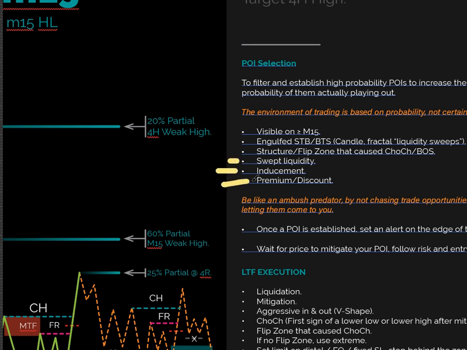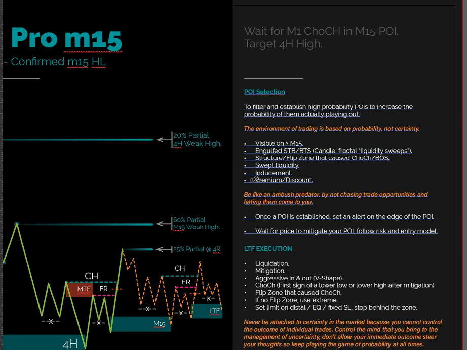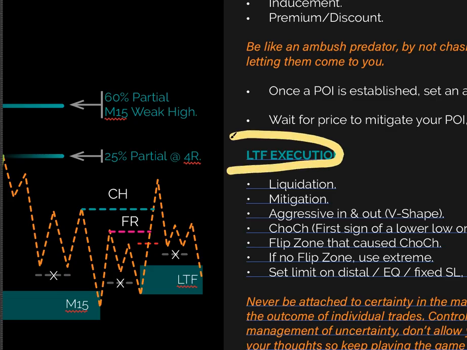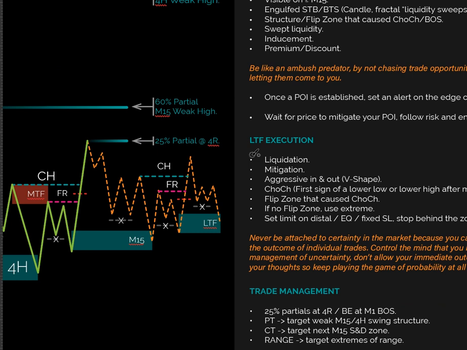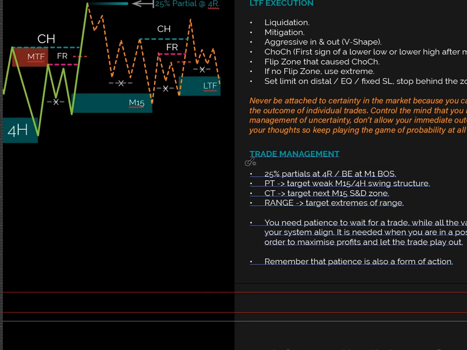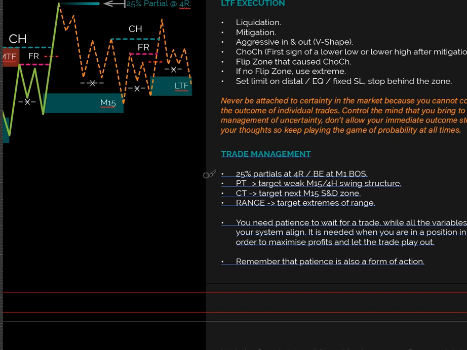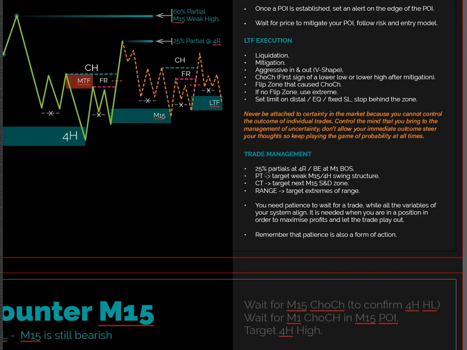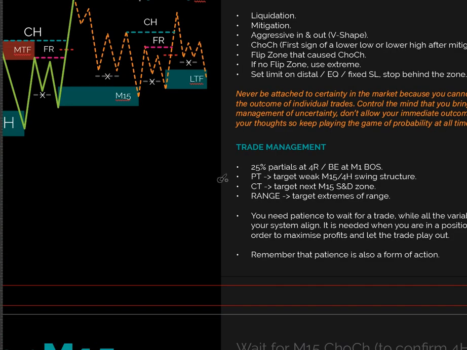It's just all the different confluences that we use to pick a zone, and we have a lower time frame execution model, how we want to see the lower time frames building up, and then we have trade management, 25% partial at 4R, where we'll look to partial out our position at a certain point, and pro trend and counter trend targets.